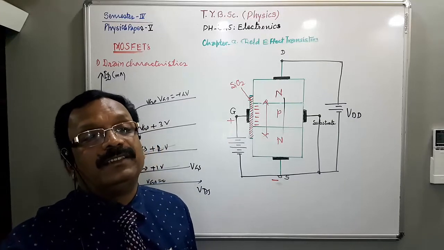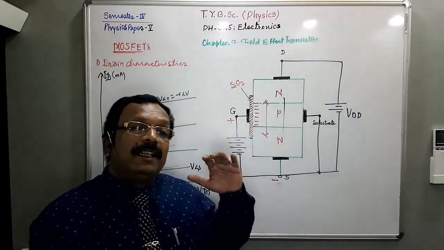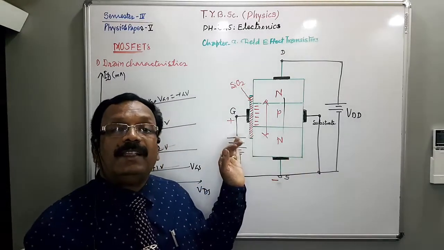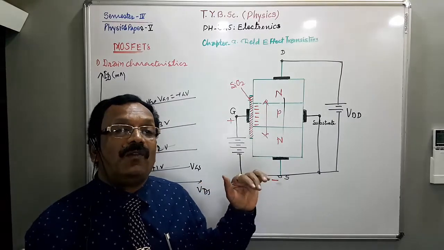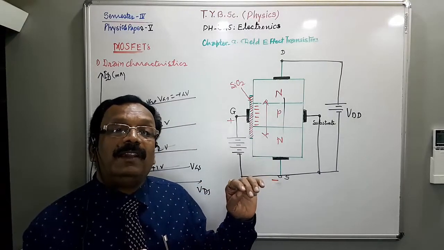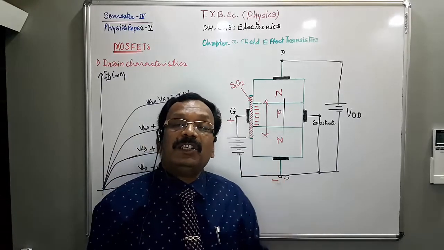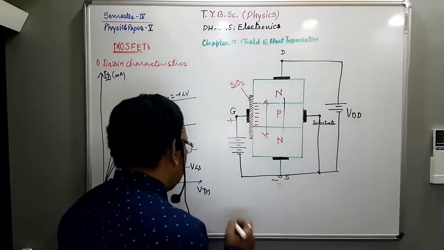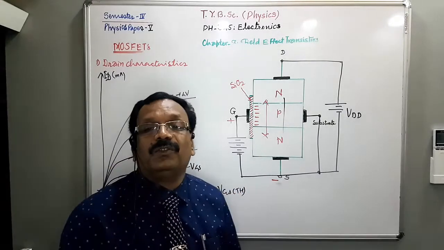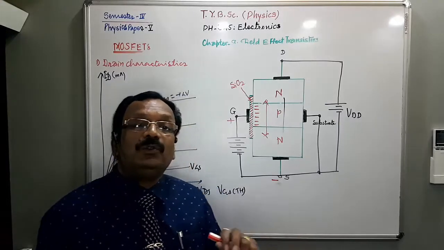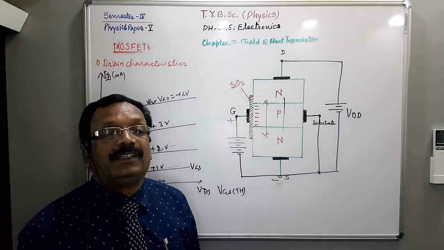Now transfer characteristics. Before that, it may be noted from the drain characteristics that there is a negligibly small flow of drain current when the gate to source voltage VGS is less than the threshold, VGS threshold. This flow of current is due to the presence of thermally generated electrons in the p-type substrate.